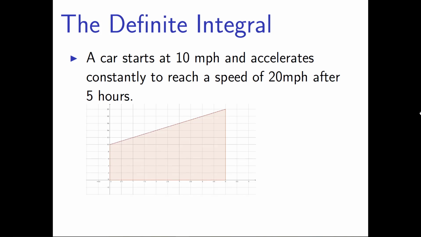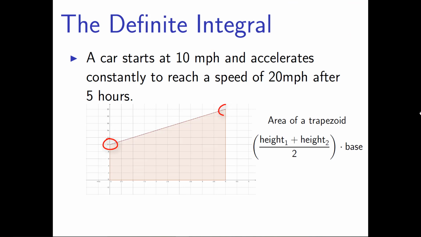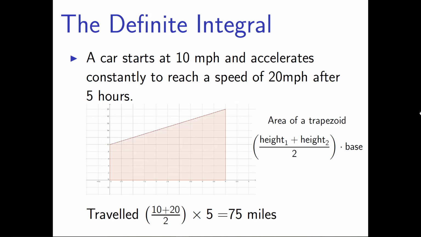To find the area of the shape, this is a trapezoid, we can take the average of the two heights, the height at this end plus the height at this end divided by 2, multiplied by the width. So that's 10 plus 20 over 2, multiplied by the width of 5, which gives 75 miles, and that was what I intuitively thought it was going to be. So the area under that curve is 75, therefore we've travelled 75 miles.